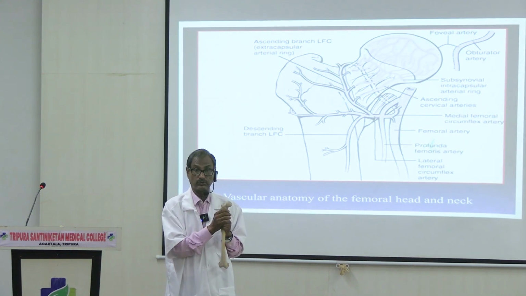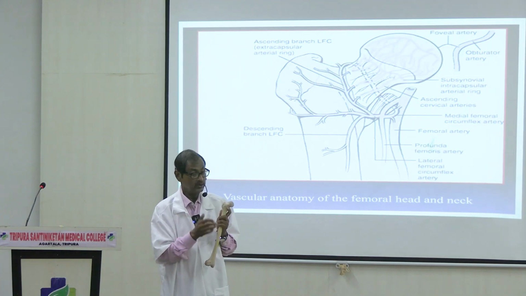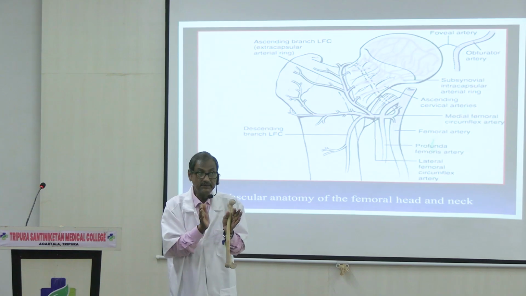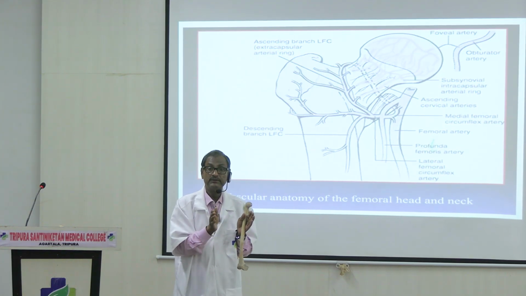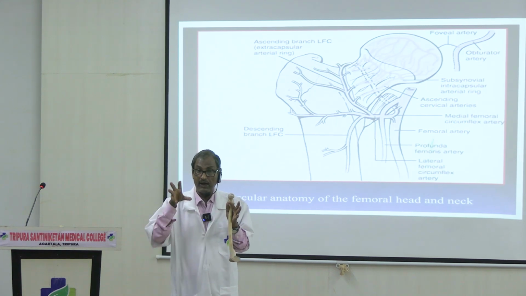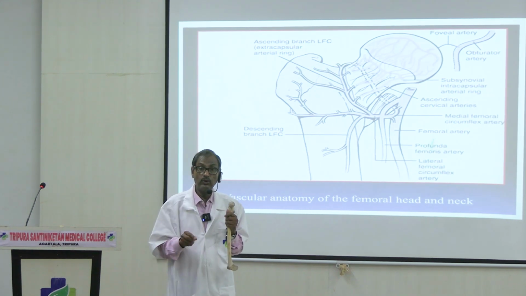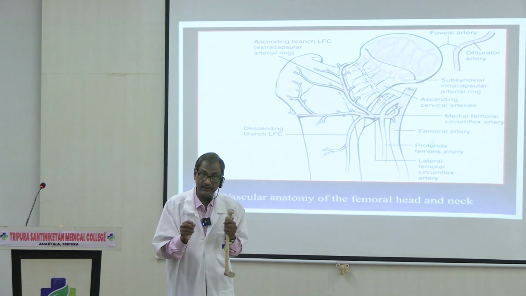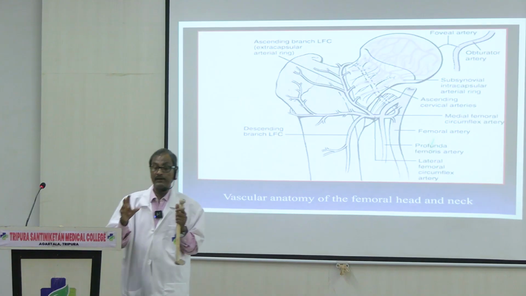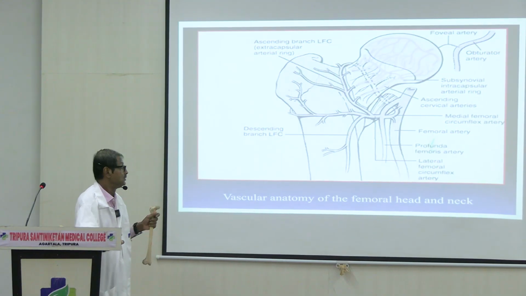If the vessels are torn, there is bleeding inside. Inside the synovium and capsule there will be tamponade, increased pressure because blood is there. If some vessels remain, they also become compressed. This is called intracapsular tamponade.